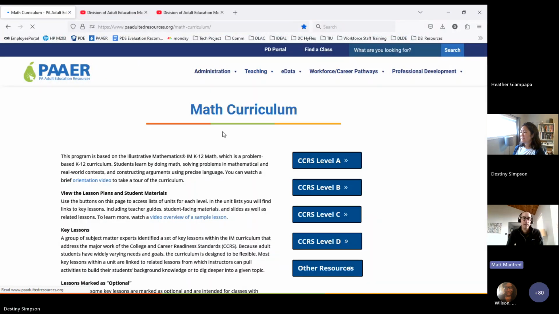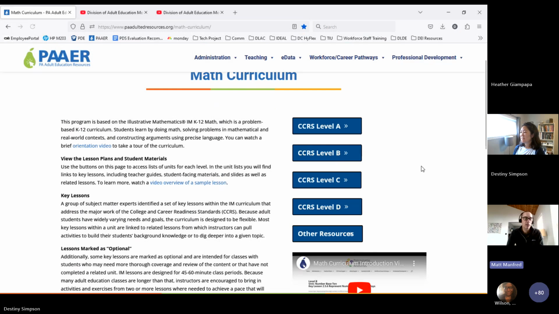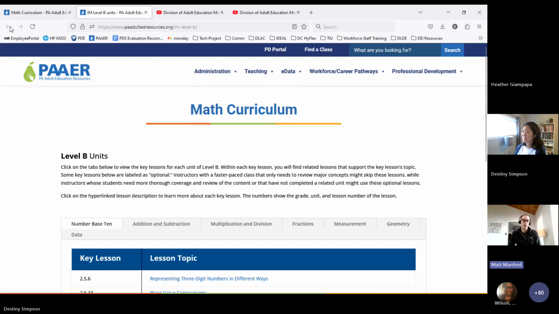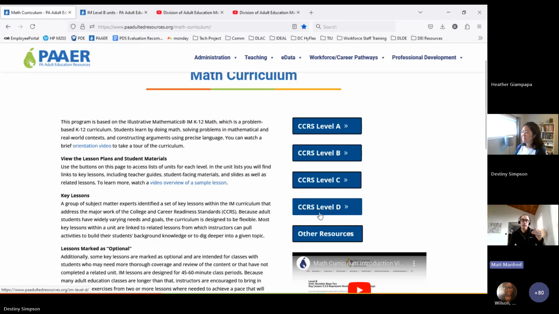So the math curriculum is based on a curriculum called Illustrative Math. We've sort of boiled it down and tweaked it a little bit and made it our own in some ways. The front door to it, I think, is the CCRS levels. There's level A, B, C, and D, and of course that gets more and more advanced as you go.